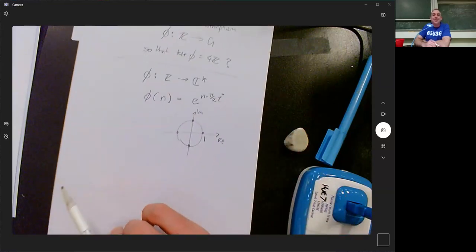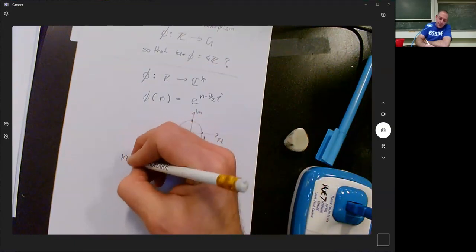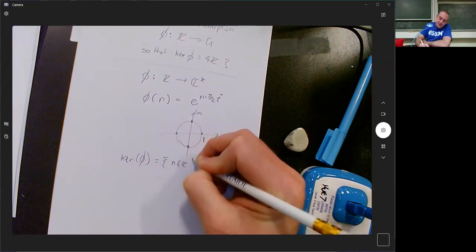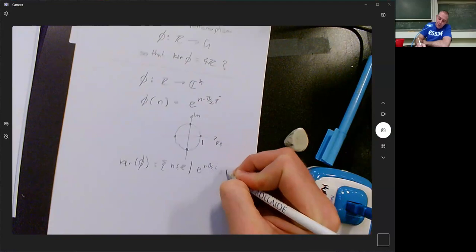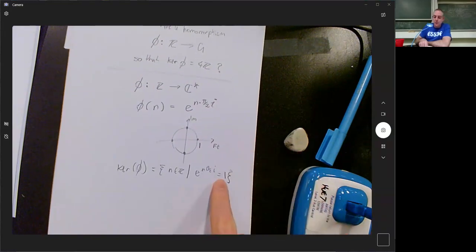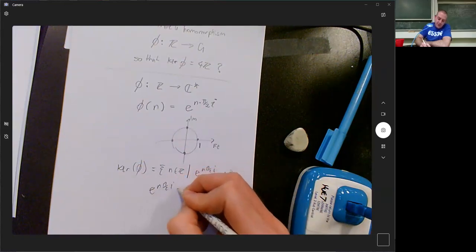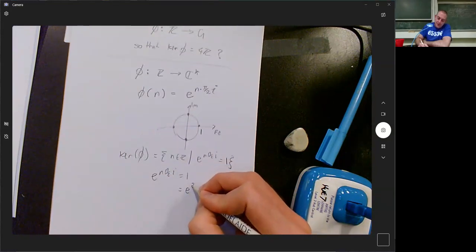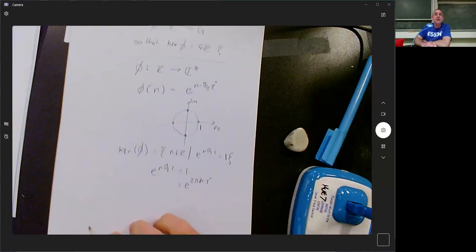Yes, and so the kernel of phi is the set of n's in Z such that e to the n pi on 2i is 1, because the identity is 1 in this group. And so e to the n pi on 2i being 1 would be 2 pi k, like that.